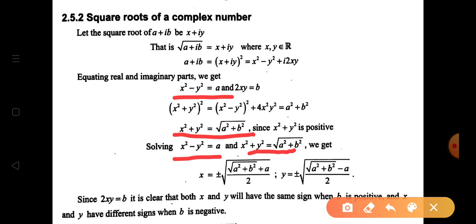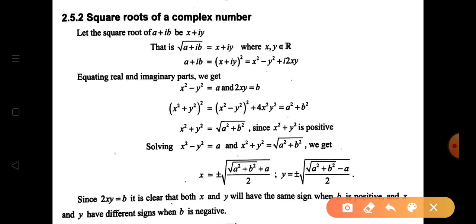After solving these two equations, we get x equal to plus or minus square root of (square root of a square plus b square plus a) divided by 2, and y is equal to plus or minus square root of (square root of a square plus b square minus a) by 2. Do you understand?